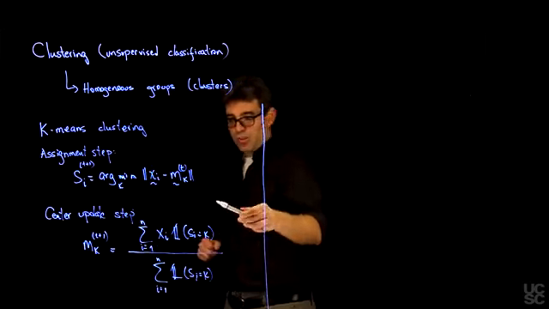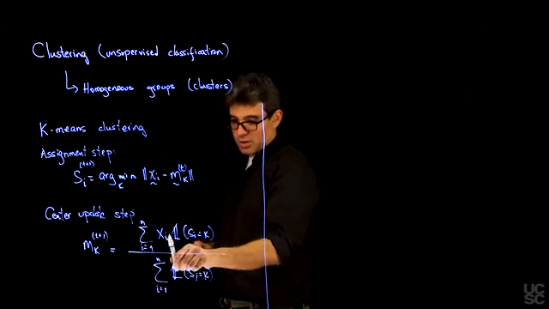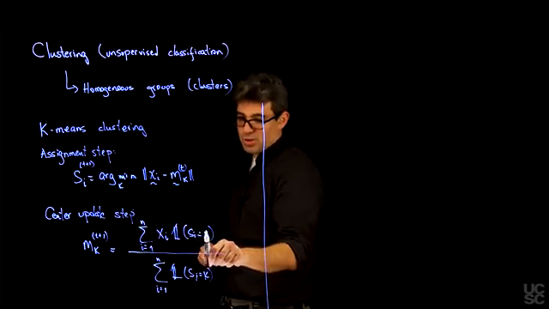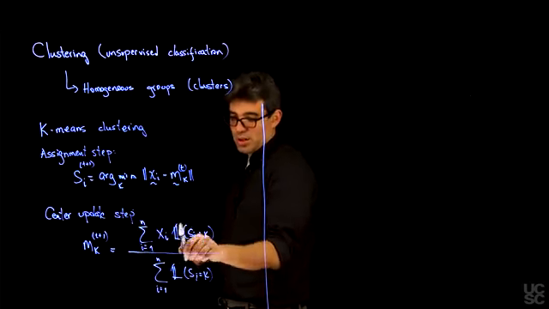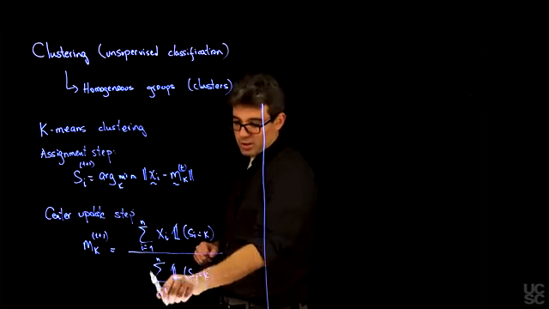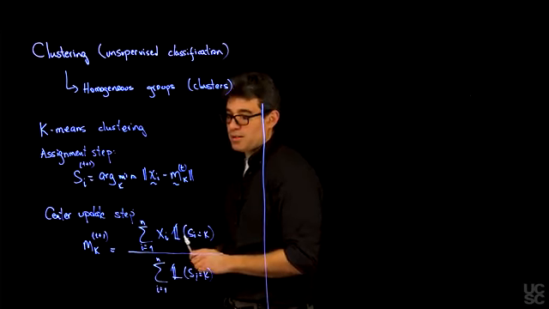So this is just a fancy way to say that, of the n observations, these terms are going to be different from 0 only if the observation is in the k-th component. Otherwise, I have the observation multiplied by a 0. And similarly down here, this is just counting how many observations are in the k-th cluster.